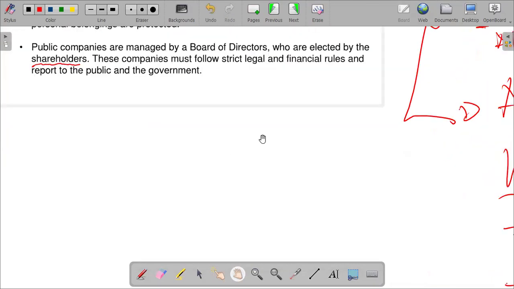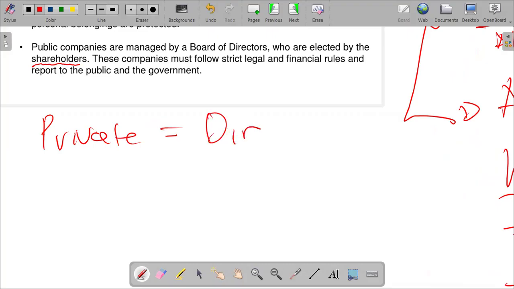In a private company, it's run by directors, and there can be one.